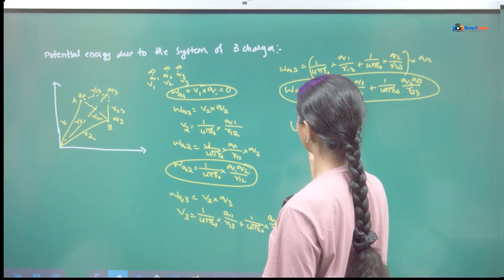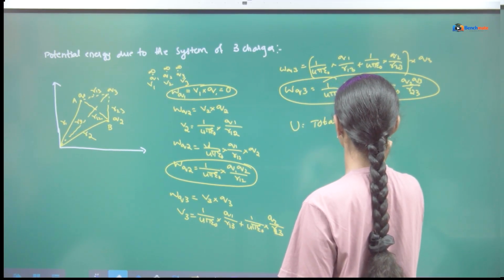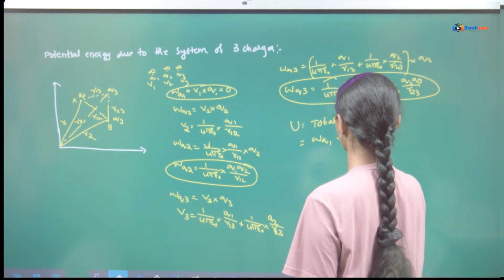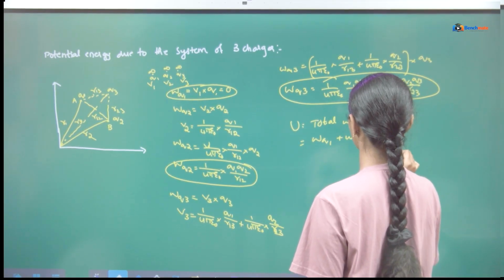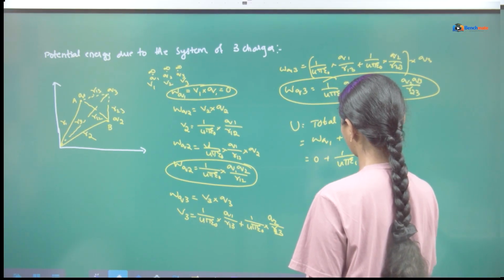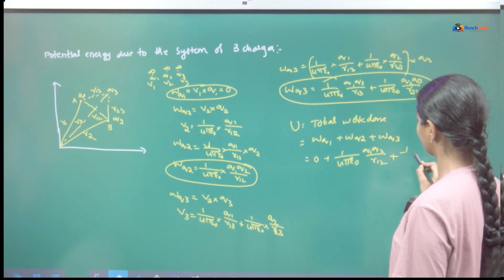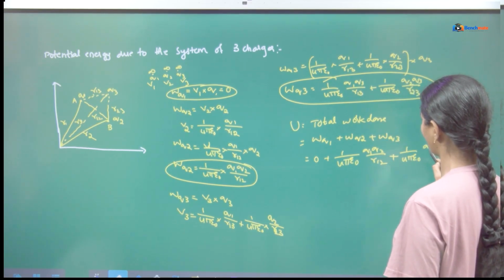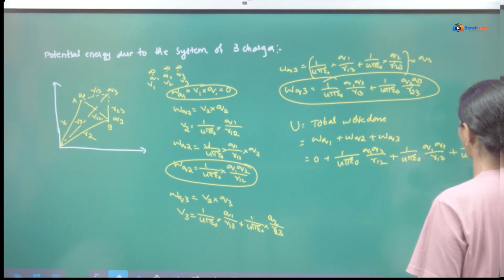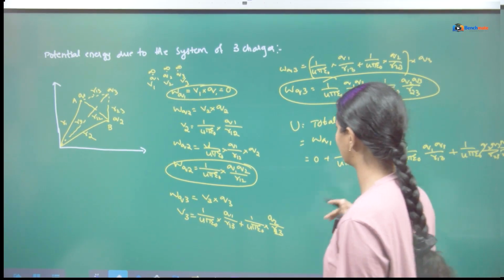So total potential energy stored in the system is equal to total work done by the system. Total work done: that is work done by Q1, work done by Q2, work done by Q3. So work done by Q1 is 0. Work done by Q2 is 1 by 4 pi epsilon naught Q1 Q2 by R12. Work done against Q3 is 1 by 4 pi epsilon naught Q1 Q3 by R13 plus 1 by 4 pi epsilon naught Q2 Q3 by R23. Just rearrange the terms properly.